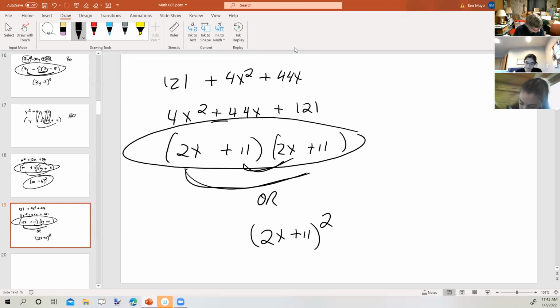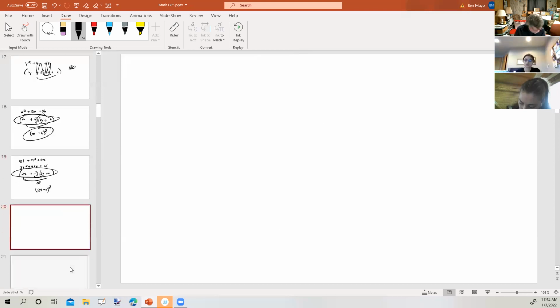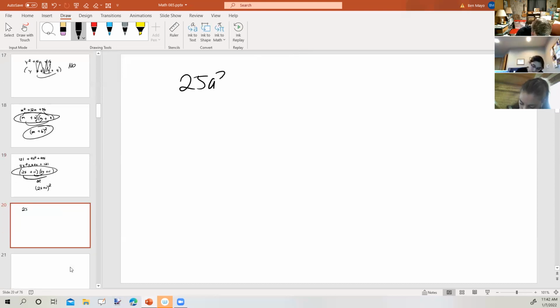How about this one? 25a squared plus 30ab plus 9b squared. This is a trinomial. It's in standard form. There's no greatest common factor. It starts with a square and ends with a square and a plus sign in front.